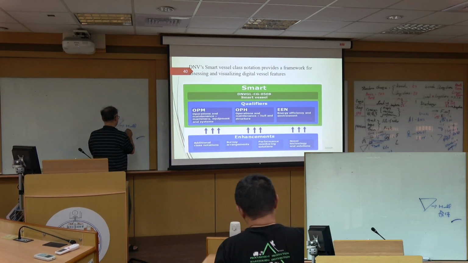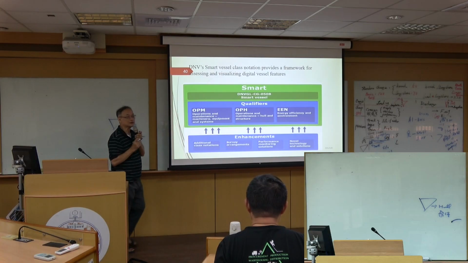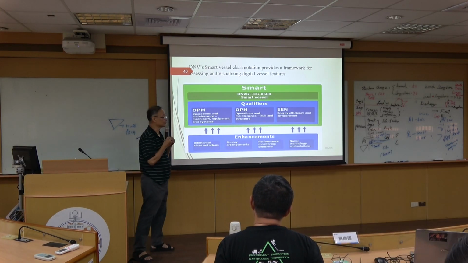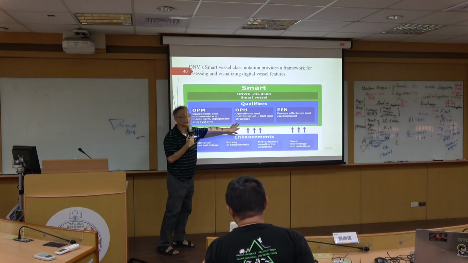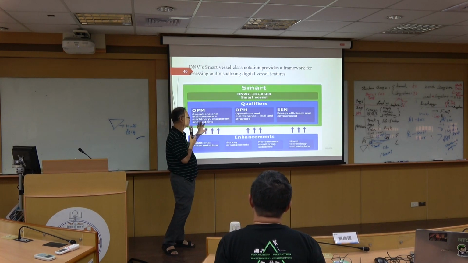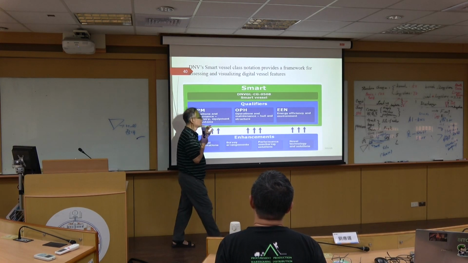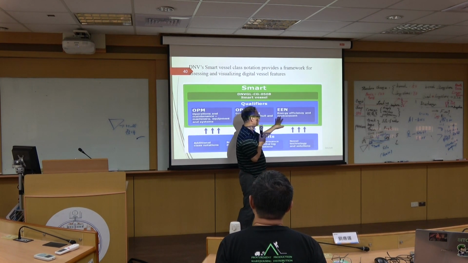We call it the hull. Because DNV is a classification society, what they mainly care about is ship maintenance and shipbuilding. This one is focused on, this belongs to what we call hardware, this belongs to software. Software includes equipment subsystem, and also we take care of energy, energy efficiency and environment.